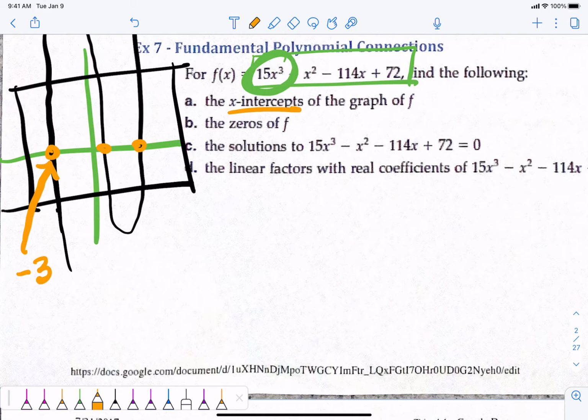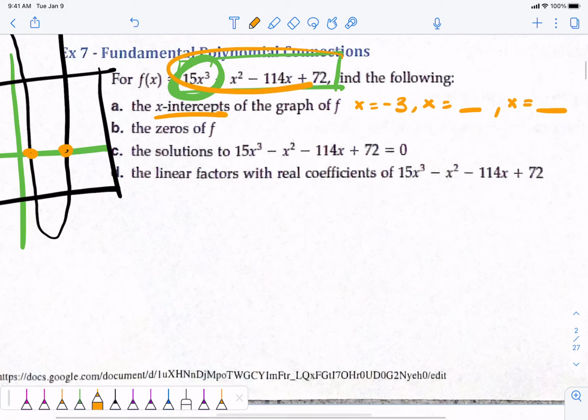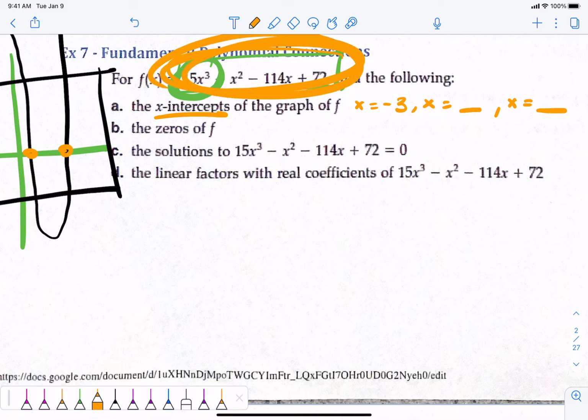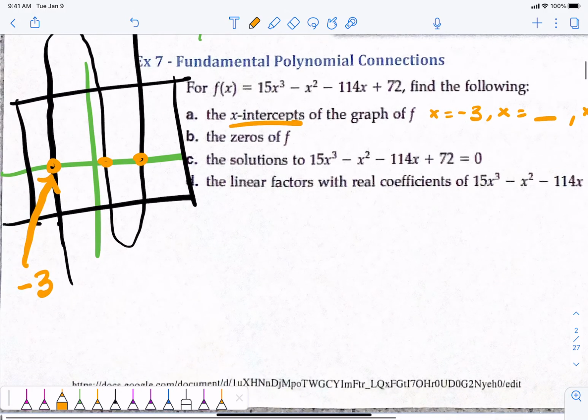I see that really nicely at -3, yes? Do you guys see a -3 over there? And the other ones are kind of in between places. So here's what we're gonna do. I know that one of the x-intercepts is -3, and the other two are places I don't really know. We're going to divide off the -3 from this and see what we're left with to find the other two.